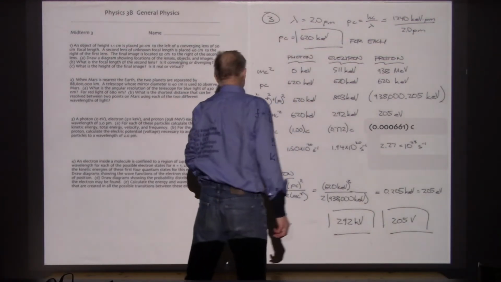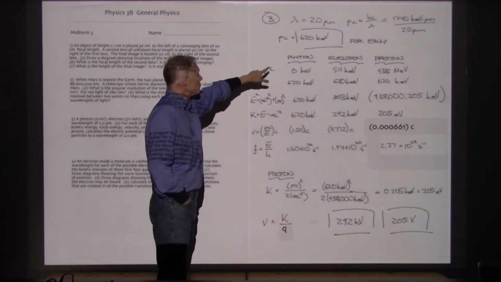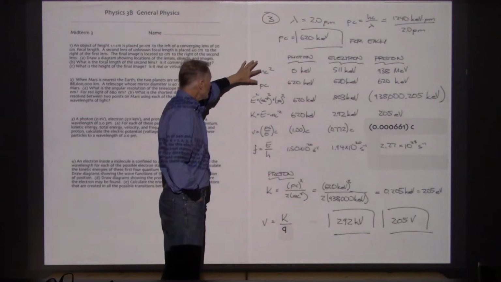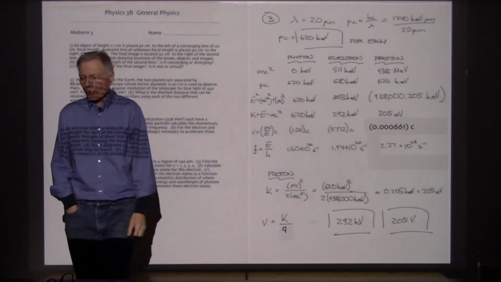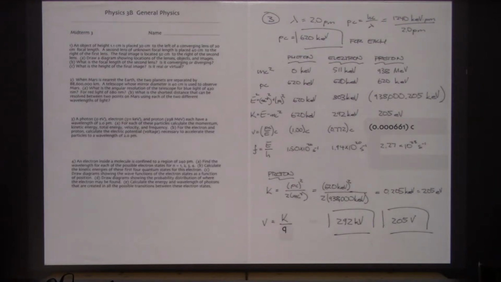It seems a little funny, but when we're down at the level of particles, photons, electrons, protons, when we talk about the masses of these particles, we often are working in terms of mc squared. So it's not really their mass, it's their mass energy, but we just call it mass.